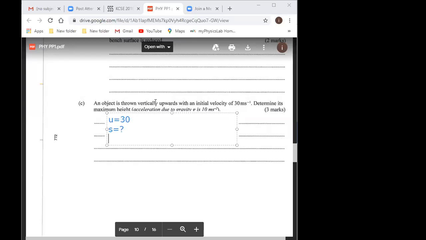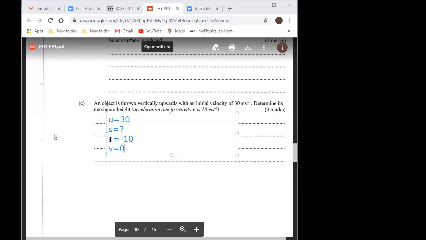When you throw an object to move upwards, it is moving against the gravitational acceleration. So the acceleration becomes negative 10. So we still move on. While you throw this object upwards, at maximum height, velocity is going to be 0. So the final velocity v is equal to 0.